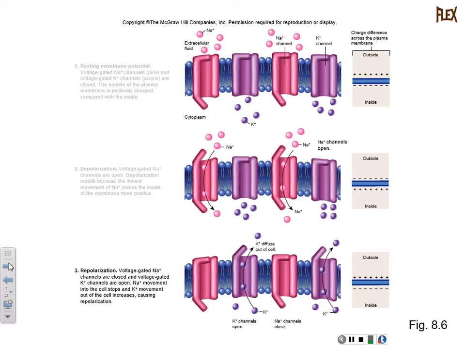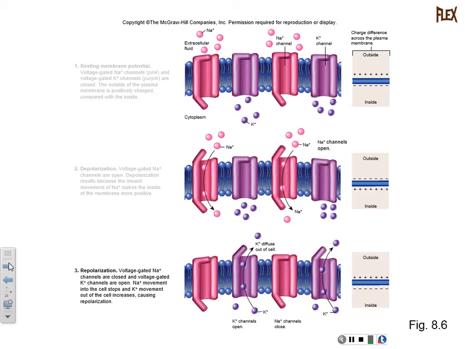So the voltage-gated potassium channels open up, and then potassium rushes out, and once again, the inside is more negative, and the outside is more positive.